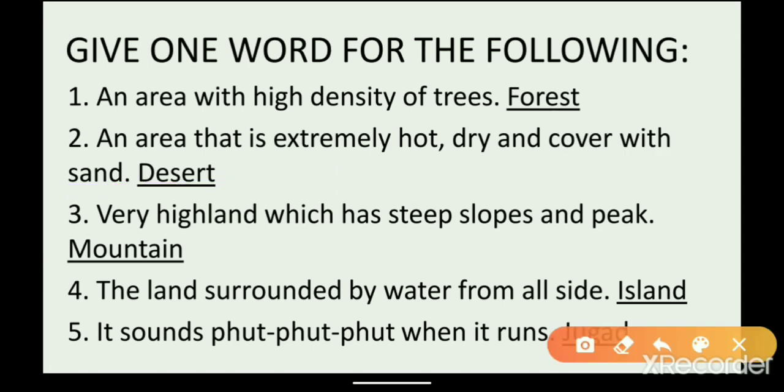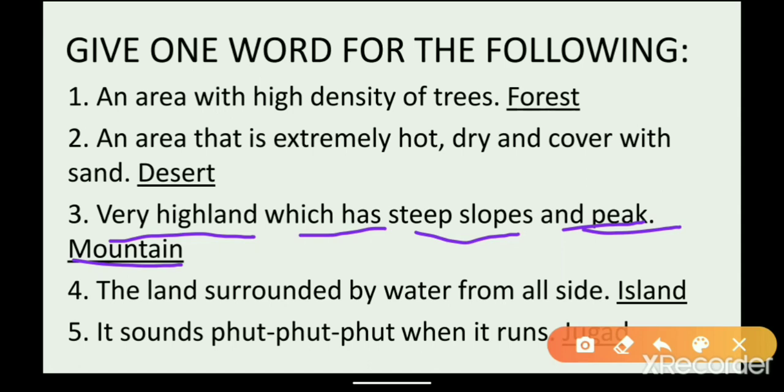Third one, very high land which has steep slopes and peaks. So very high land which has steep slopes, meaning upward or downward slopes, and peaks, the edge of that is known as what? Mountains. The top of the mountain is known as the peak.